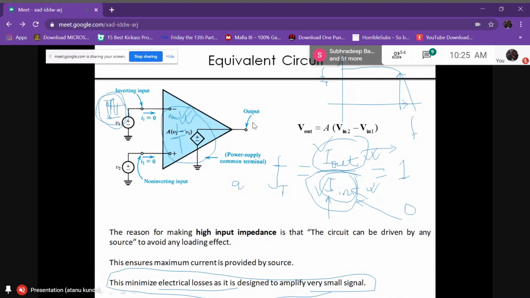As the frequency increases, it has a tendency to conduct current. Our objective should be that I in is almost 0, and that is possible if we make the input impedance very high. That's why you know that BJT input impedance is also very high.